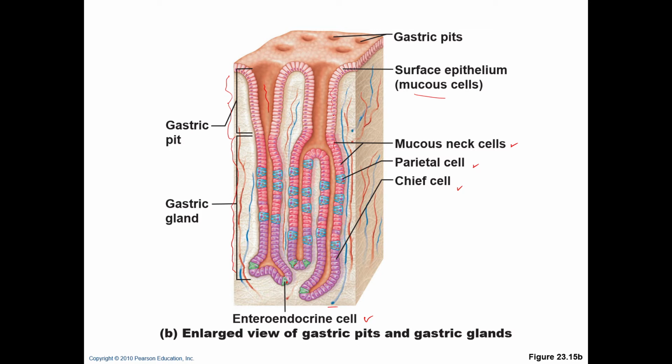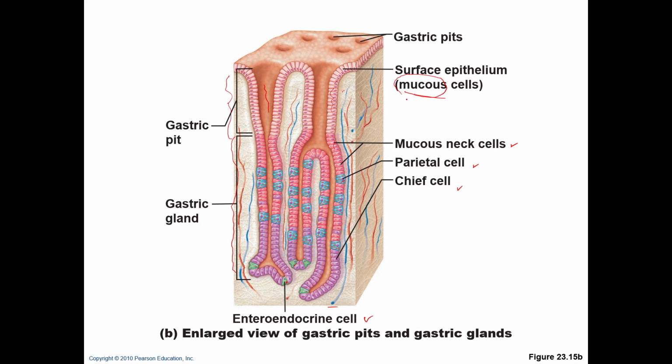These are mucus cells. So mucus cells secrete mucus, and that makes a layer between the food content in the stomach and the wall of the stomach.